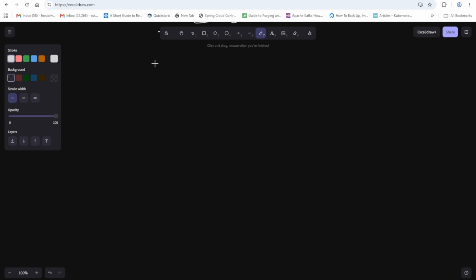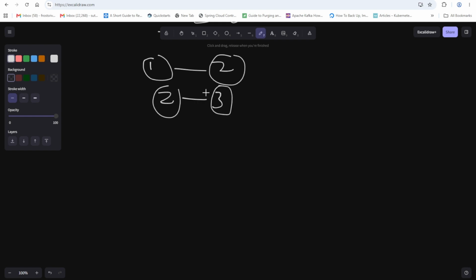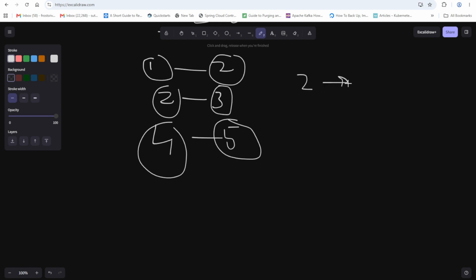Let's suppose we are given some nodes. Here is one node, 1, and it's attached to 2, and 2 is attached to 3, and here is another node, 4, which is attached to 5, right? And somebody asks us to find whether 2 is connected to 1 or not.